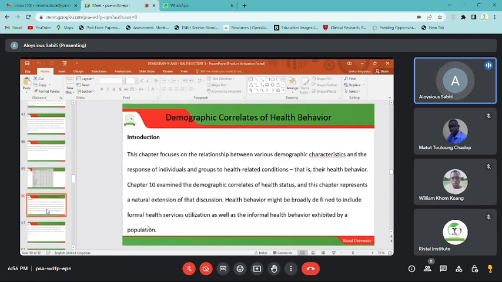So let us look now at how demographic characteristics correlate with health status. But we also want to look at how demographic characteristics correlate with health behavior. Health behavior is both a preventive and a therapeutic issue.